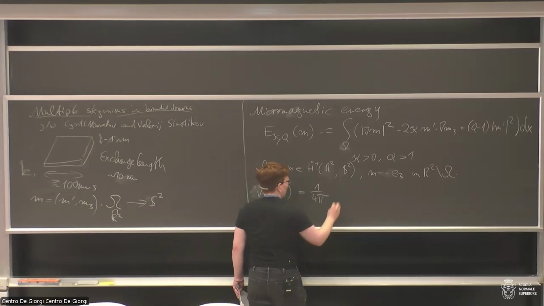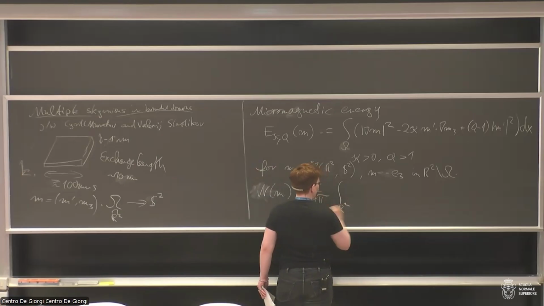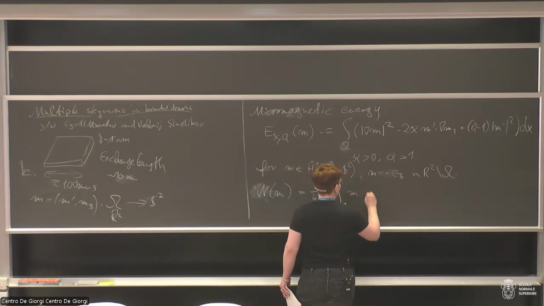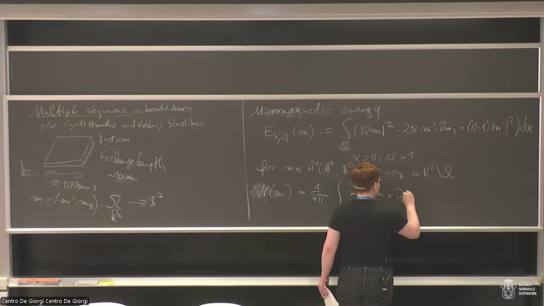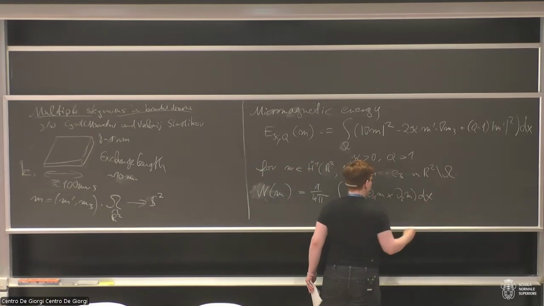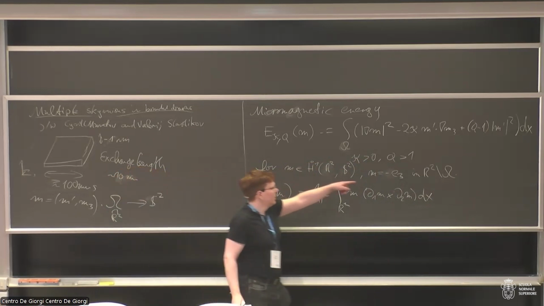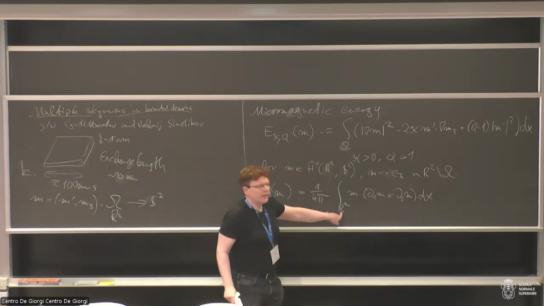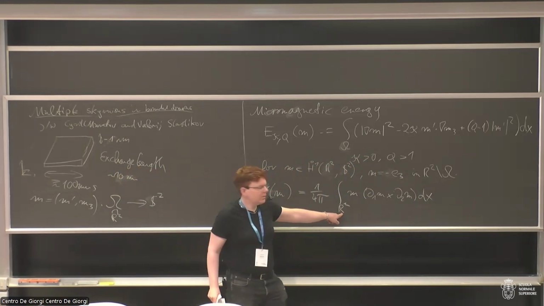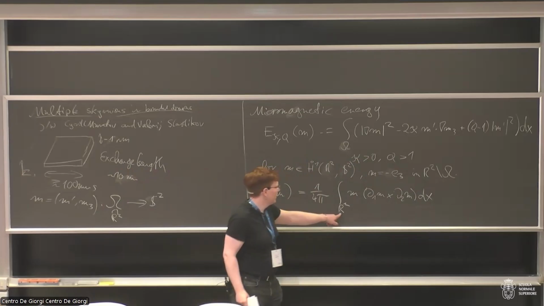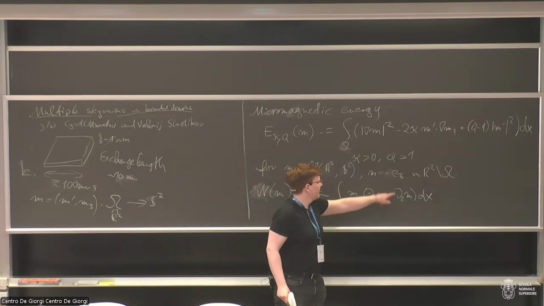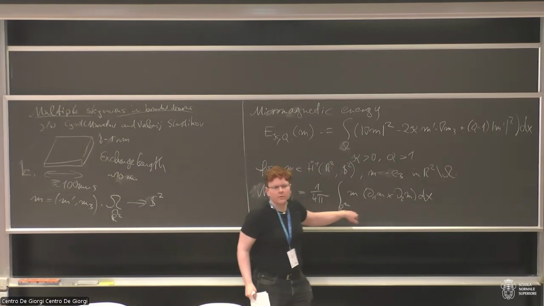So we integrate over R2 m dot partial 1 m cross partial 2 m dx. This is also the reason why I extended to the whole plane so that I could write down the integral over R2. Of course, if it's constant outside of omega, you get 0 here.